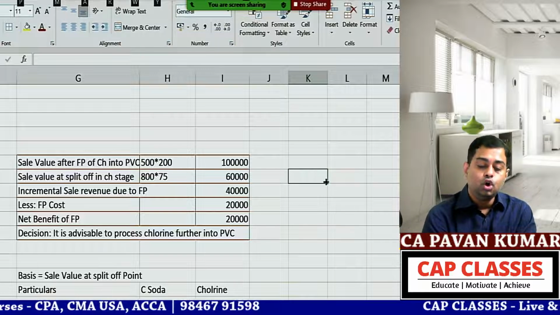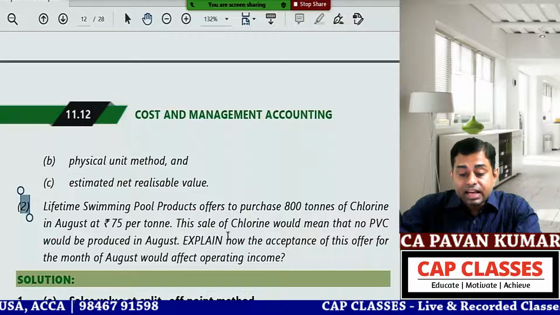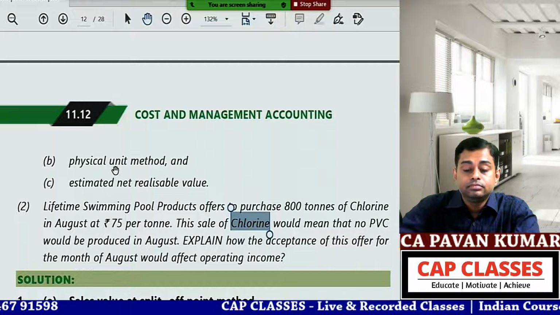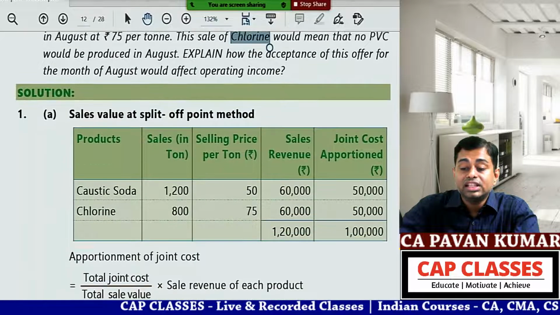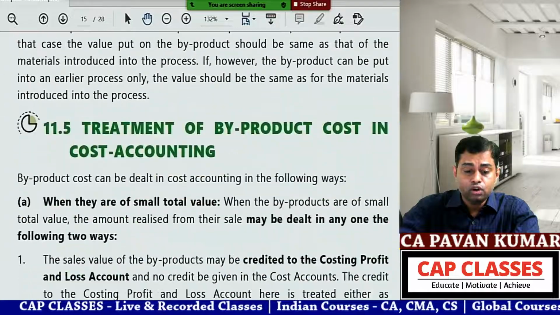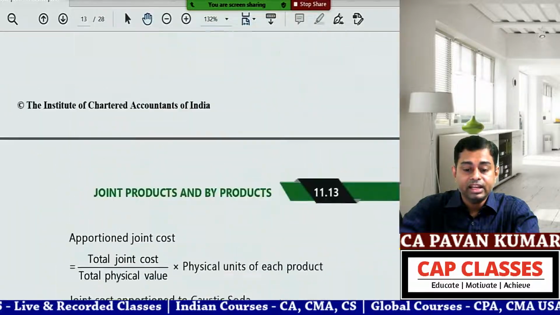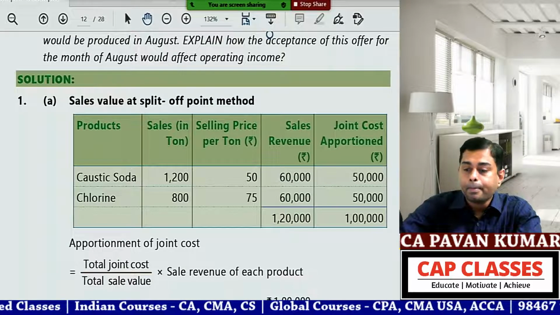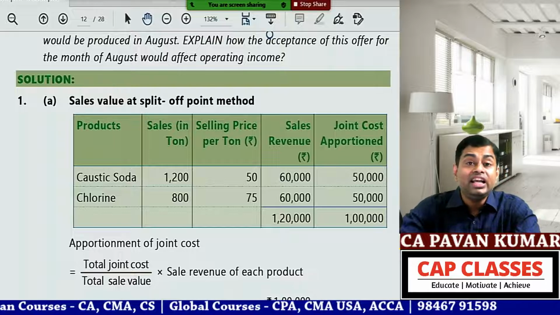Okay, write down. Note, conclusion. If the company sells chlorine without processing it further into PVC, its operating income will decrease by 20,000.